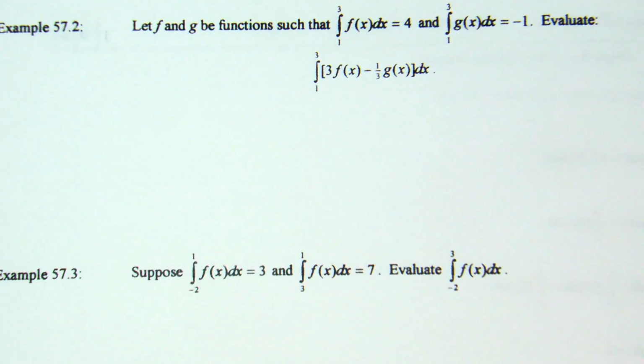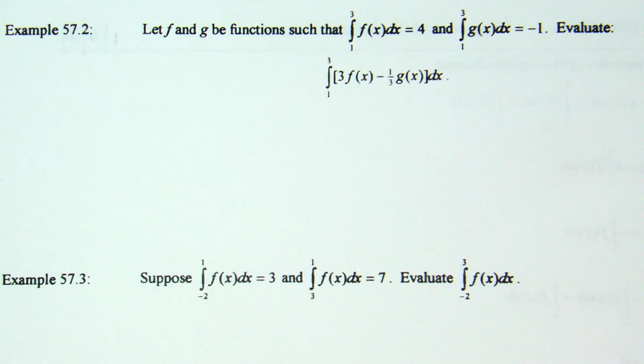So f and g are functions such that the integral of f from 1 to 3 is equal to 4. The integral of g from 1 to 3 is equal to negative 1. Evaluate the integral from 1 to 3 of 3 times f of x minus 1/3 times g of x dx.